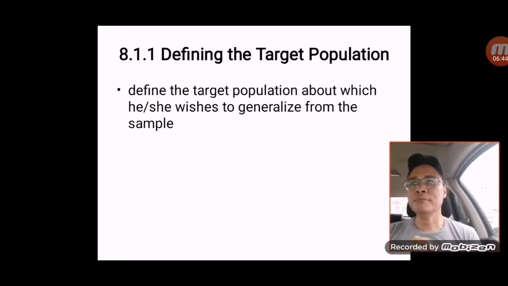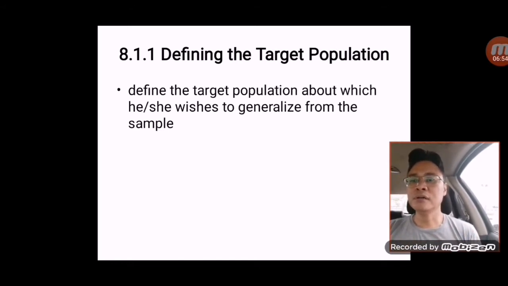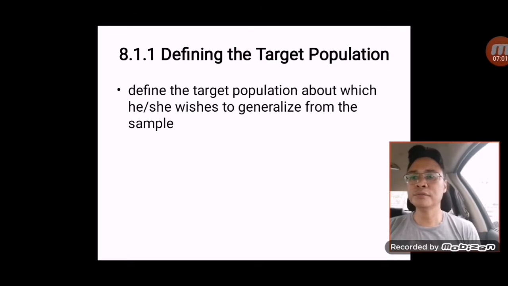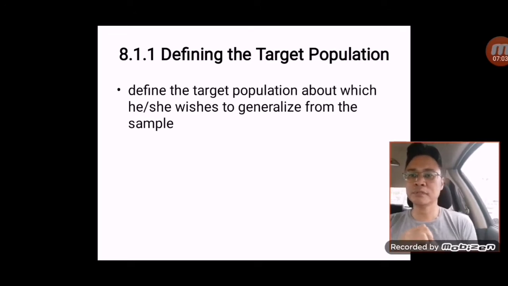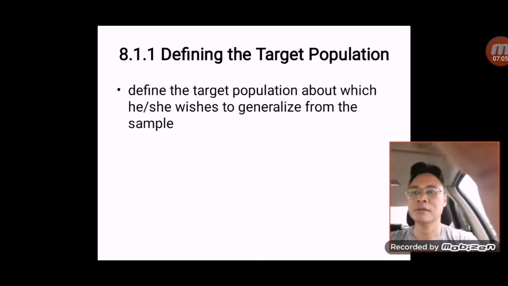Kalau your study about senior citizens 60s and above, alright, dia punya population is 60s and above. If your study about gamers, so your population is those who are involved in playing online games, macam tu lah.